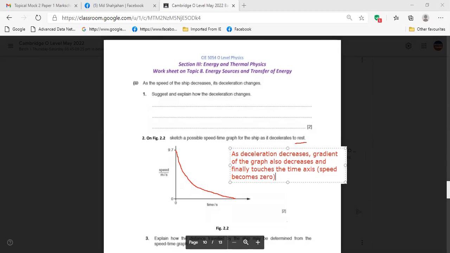Finally it touches the time axis, speed becomes 0, which means the ship reaches rest.